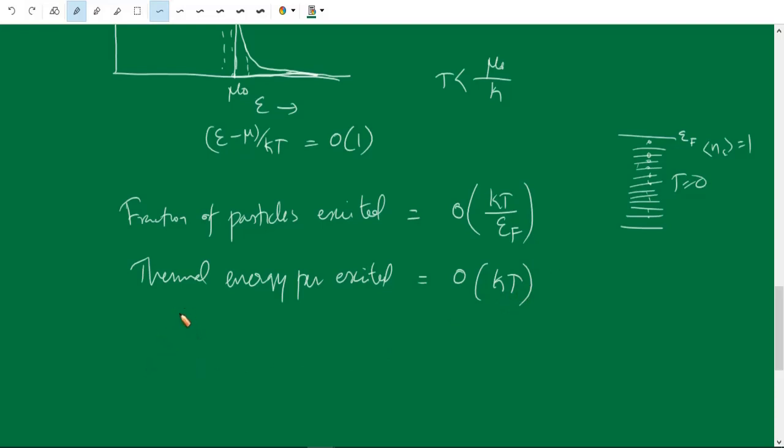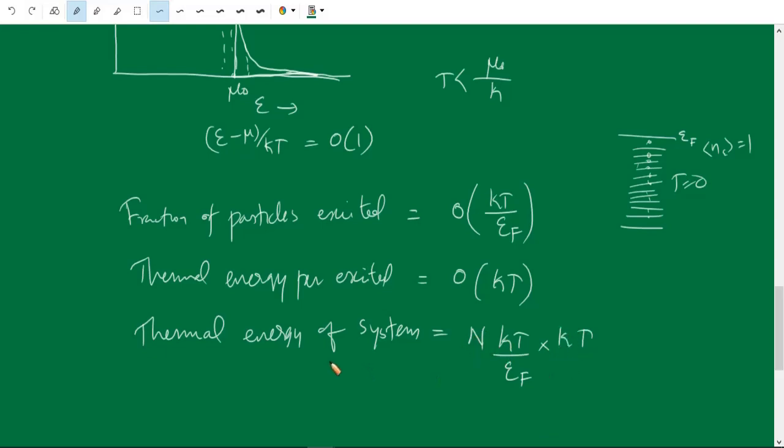Therefore, the thermal energy of the total excited particles: of the total particles, only this much fraction is excited, so n times kT by EF is the total number of excited particles, and each particle has energy kT.